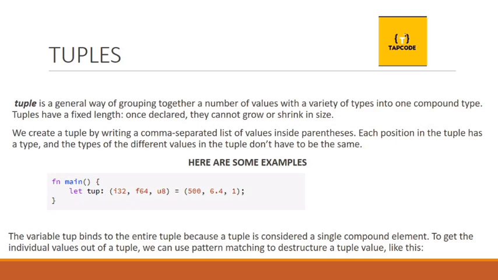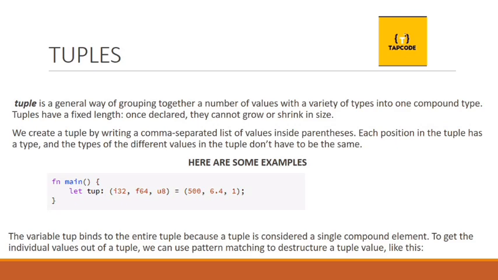Each position in the tuple has a type, and the types of the different values in the tuple don't have to be the same. It does not have to be like, I'm using integers here, I'll continually use integers all through. No, you can use float, you can use normal integers, anyone that deems fit to you, you can use them in tuples.